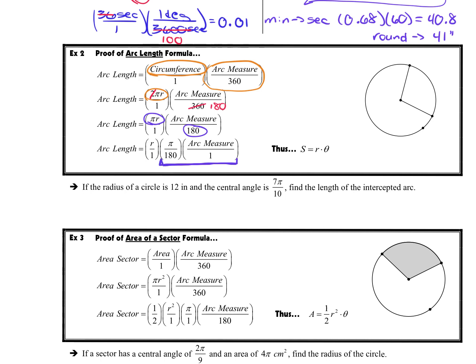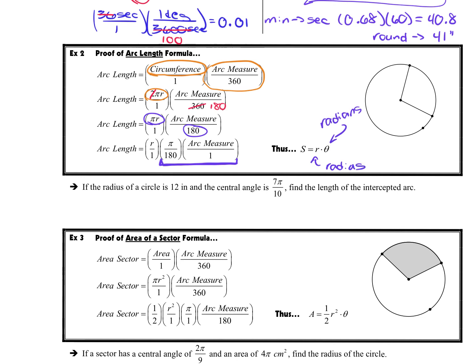Remember, the arc measure is the measure of the central angle. This is actually simply our measurement for an angle in radians. So this is going to be our measure of our angle in radians. And then the r is still just going to be the radius of the circle.